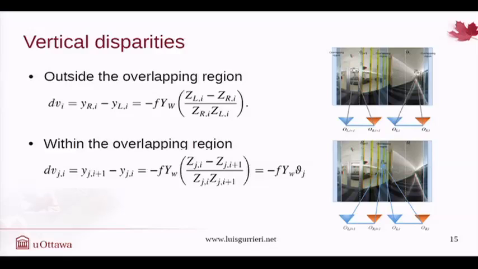But you will have problems in the overlapping areas. And that problem happens not between left and right, but between the left sequence of images and the right sequence of images. And that happens when you do this comparison. You see this expression, that gives this number, is a multiplicative factor over this y. Y is the elevation with respect to the center.